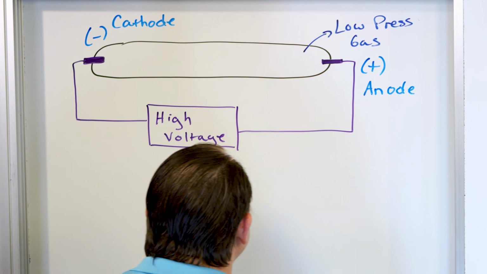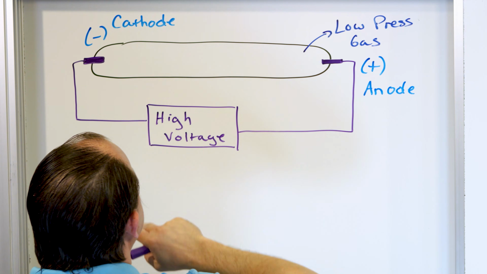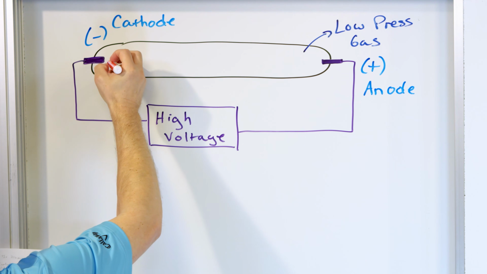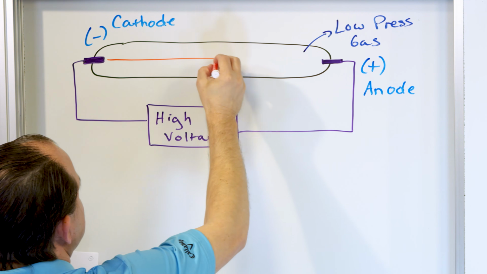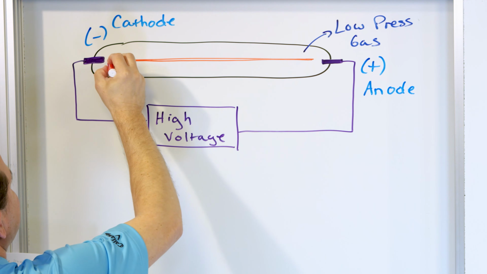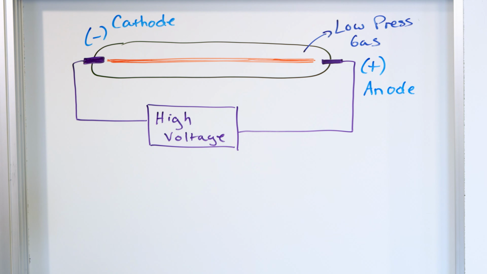Now what happens whenever you have a low pressure gas in here and you put a very high voltage across it is that you start to see this wispy, ghost-like looking discharge that's happening, and it lights up the interior of this tube.